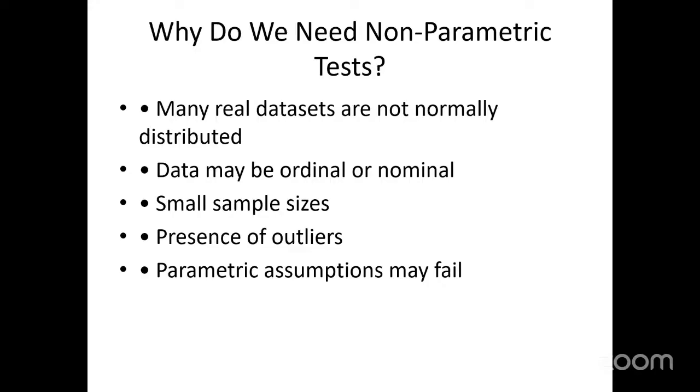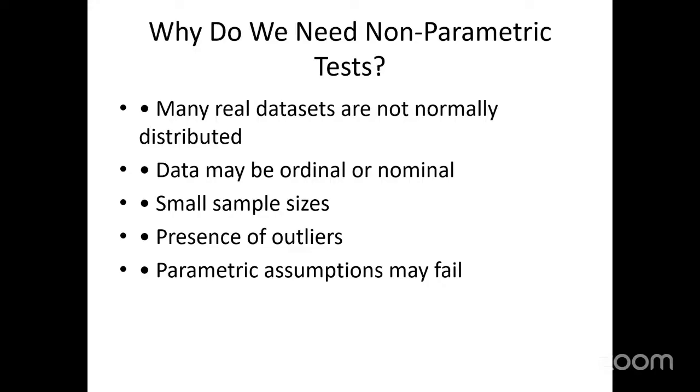So why do we need non-parametric test? Many real data sets are not normally distributed. In previous lectures we dealt with numbers and quantitative data, but here we have ordinal or nominal data, that is qualitative.